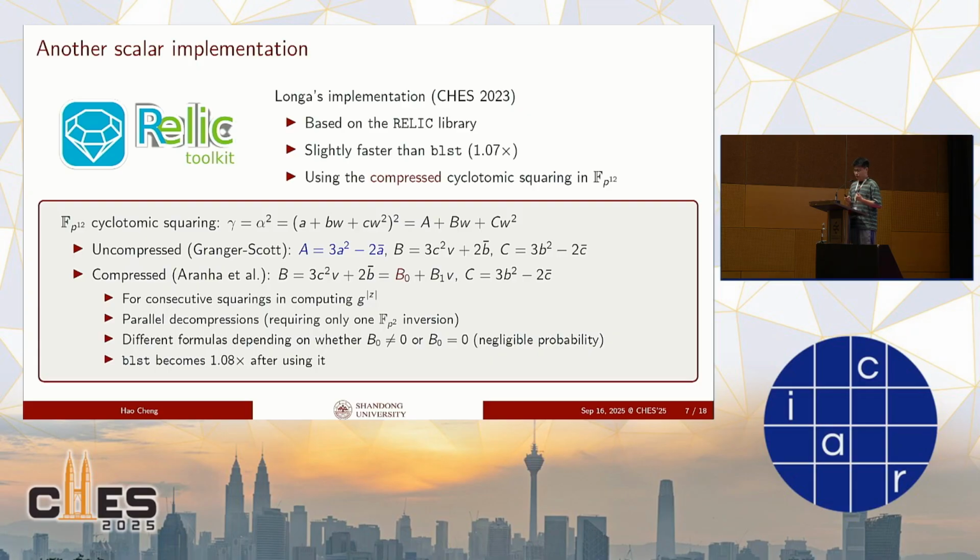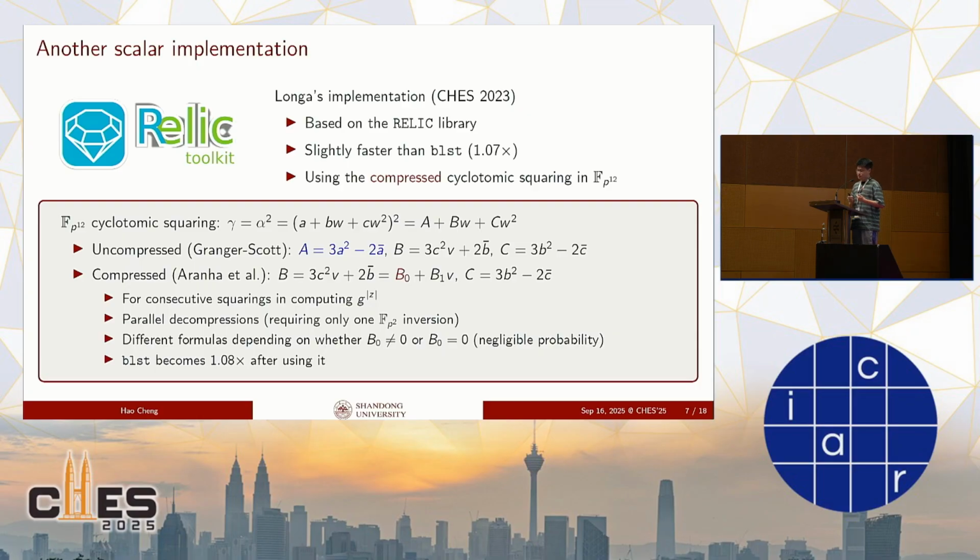The compressed version computes only 2 coefficients, B and C, while the uncompressed version needs to compute 3 coefficients, A, B, and C. After the consecutive squarings, the compressed version requires 1 Fp2 inversion to do the parallel decompressions to retrieve the missing component A. And the point is, in this decompression, there exist 2 different formulas depending on whether B0 equals 0 or not.